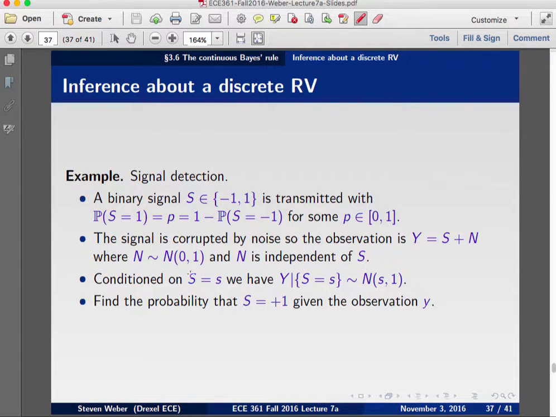So conditioned on the value of the signal, the distribution of the observation given the signal is normal with mean equal to the signal value and variance 1. The question is, if you observe a certain value little y, find the probability that s equals +1 was sent. Of course, 1 minus that probability is the probability that -1 was sent.